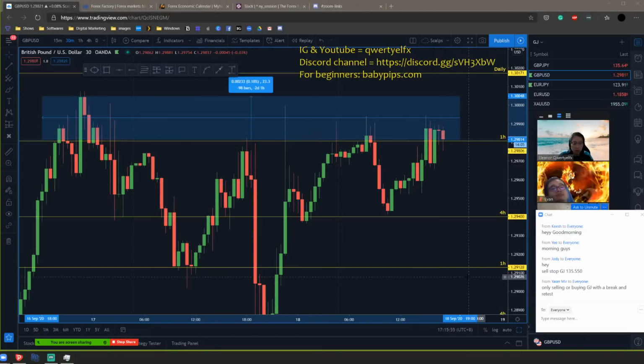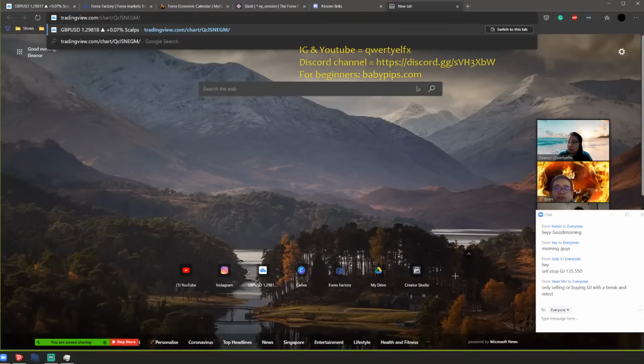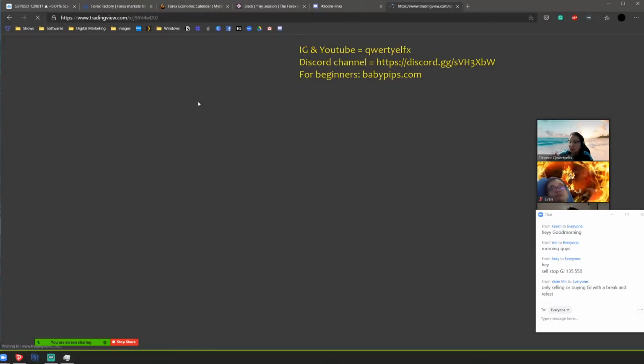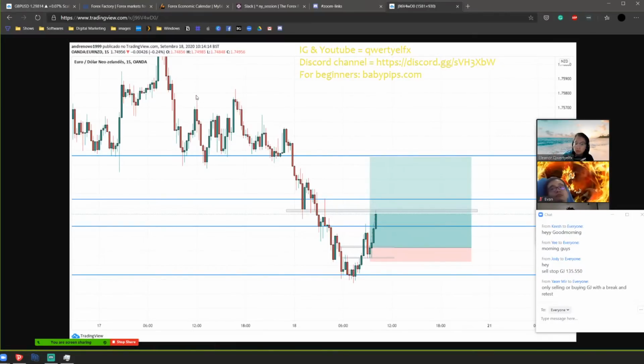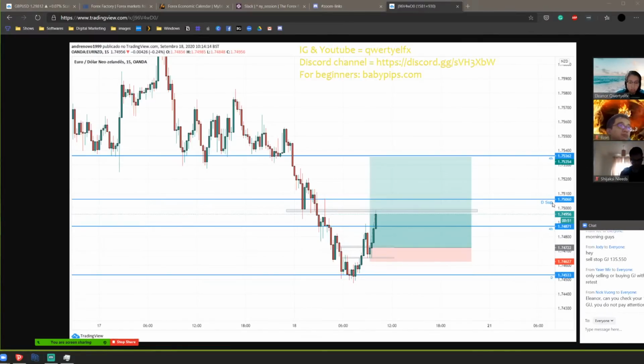What do you think about this one? Let's see. I don't know if it's going to keep going up or not. Well, based on your chart, if you look left, there have been wicks here, so you know that this area was support, which then became resistance. Okay, 4-hour daily.